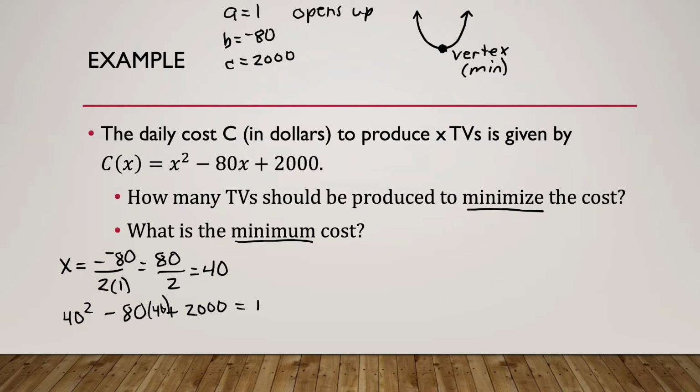So 40 squared is 1600 minus 80 times 40 plus 2000. And again, I'm going to go to my calculator with that and type it in because that's going to be a little bit easier than working it out by hand. And so I get 400. So now I know that my vertex point is 40, and then the y value is 400 that goes with it.